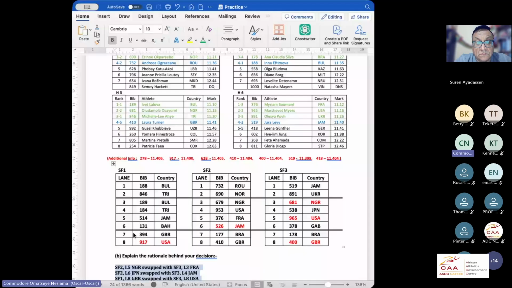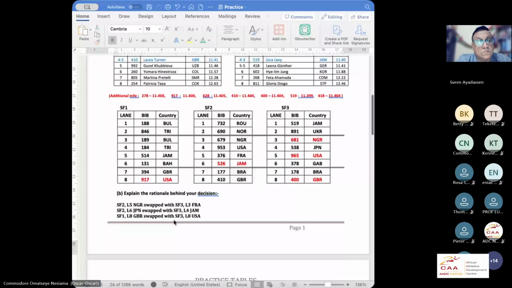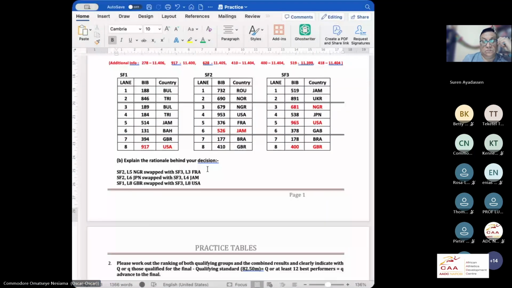So to answer the question of our brother, you are right. There's provision to swap. I haven't put them in the heats in this form. You can decide to say, for example, like I wrote here, in semi-final 2, lane 5, you had Nigeria there before.